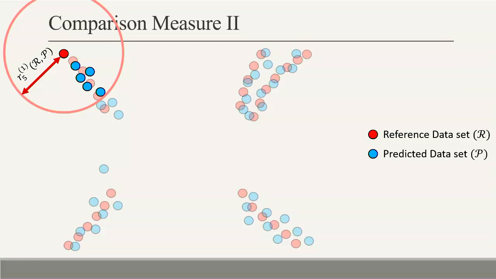But if the blue ones are all around the red one, they'll kind of cancel out. Yeah. But if they're very big, some of them cancel exactly the size, right? So that's kind of just a little bit off.